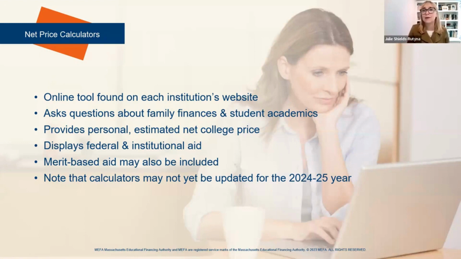Again, it's an estimate. It's based on what you put into those, but it's just a good way to begin planning and understand different availability of aid from one college to another. So again, on any college website, if you type in net price calculator, that's where you would find that.